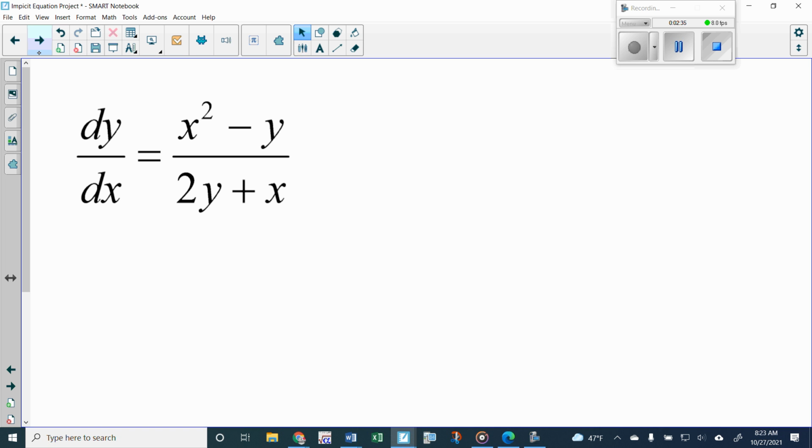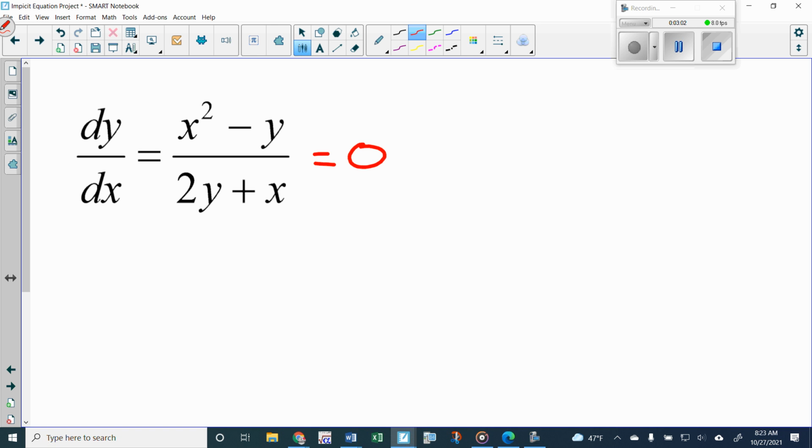You're going to choose one of your two equations. Okay, you only have to choose one to do the next two steps with. Step 1, determine the points for the horizontal tangents for the equation. Now, what would the slope of a horizontal tangent be? 0. So, I want to figure out where this is equal to 0.